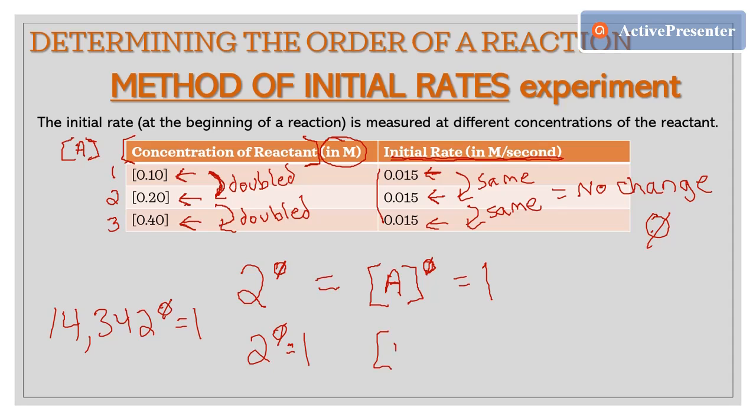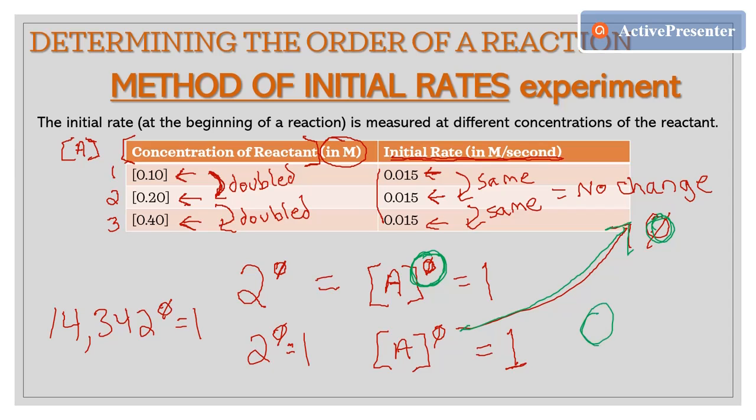So if you have a concentration of A to the 0 power, and remember the 0 came from no change, that's going to equal 1. So since this exponent that we're putting up here, because of no change, is 0, that means this is going to be 0 order.